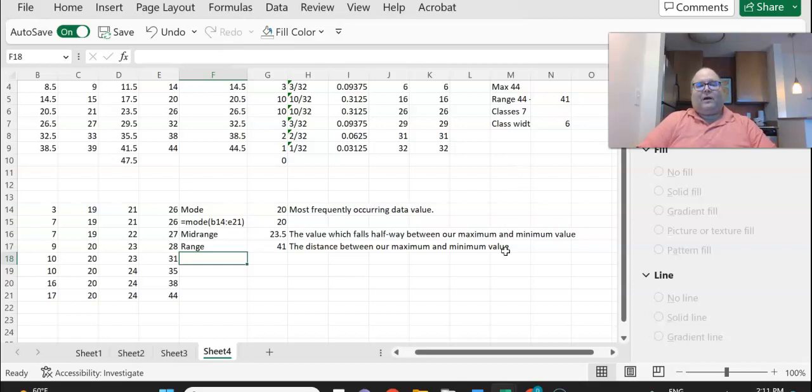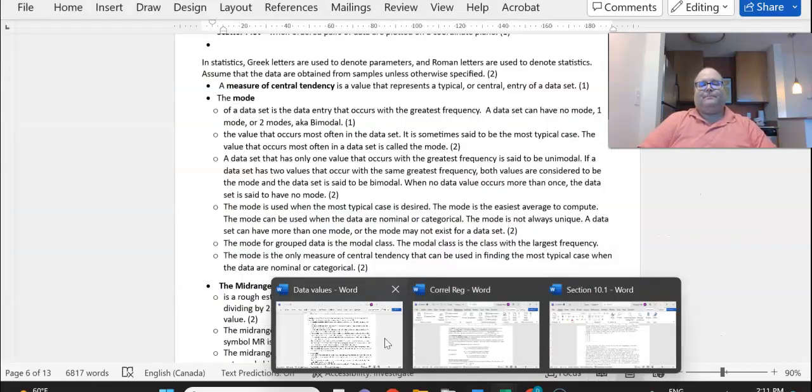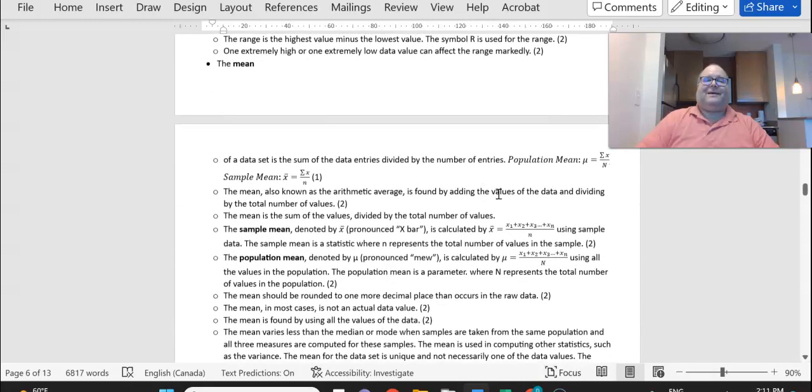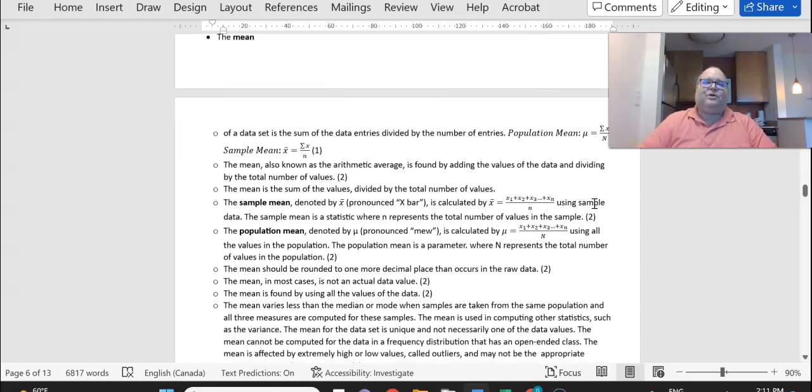A far more common score is our mean, or arithmetic mean, or often just called our average. The mean comes in two varieties, depending on whether we're dealing with a sample or a population.